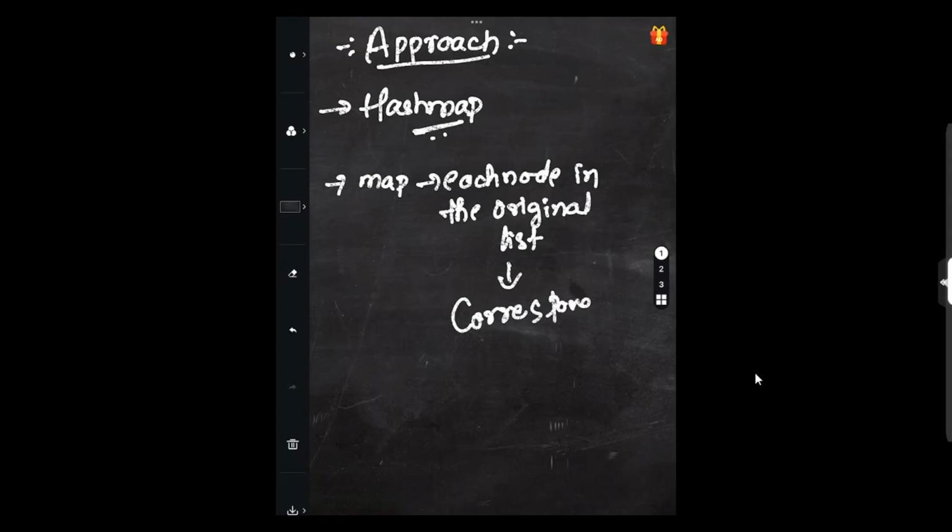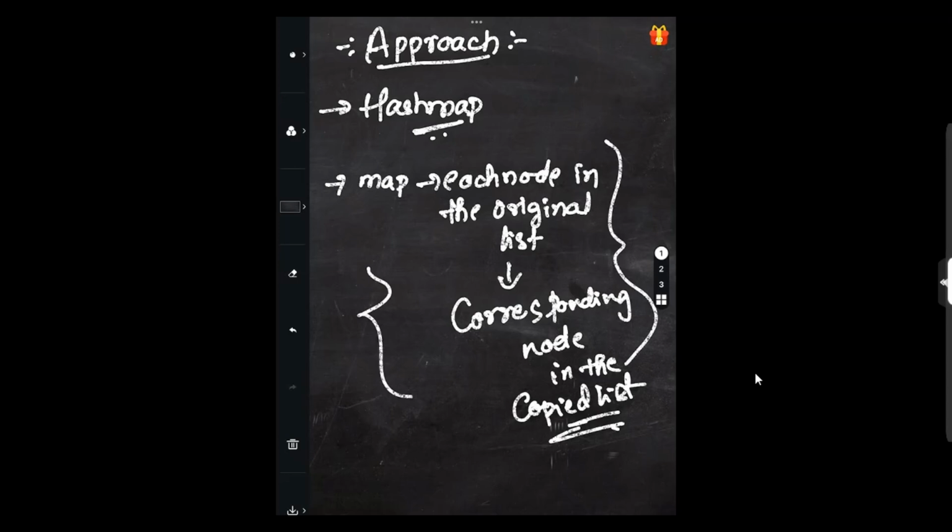So we'll be making use of the hash map to map each node in the original list to its corresponding node in the copied list. You'll understand this one clearly while we write the code.